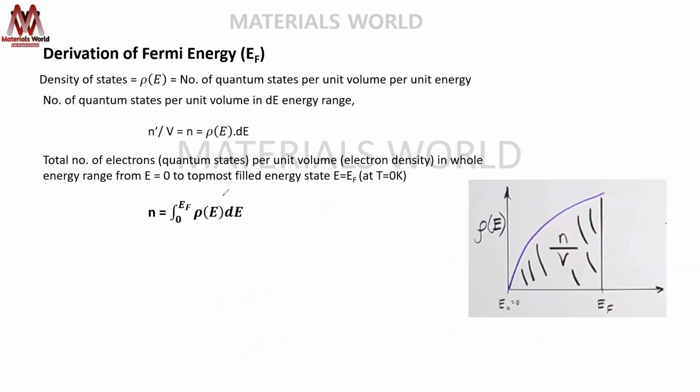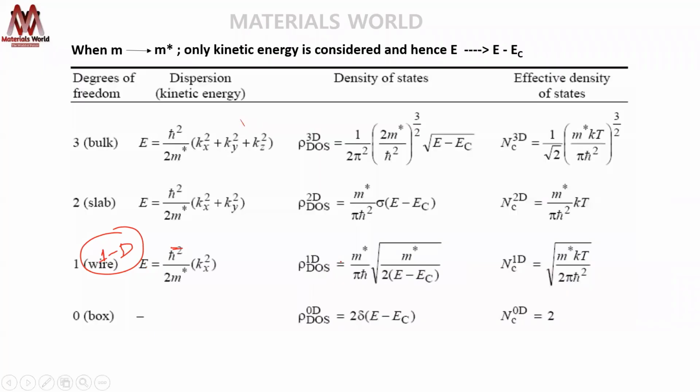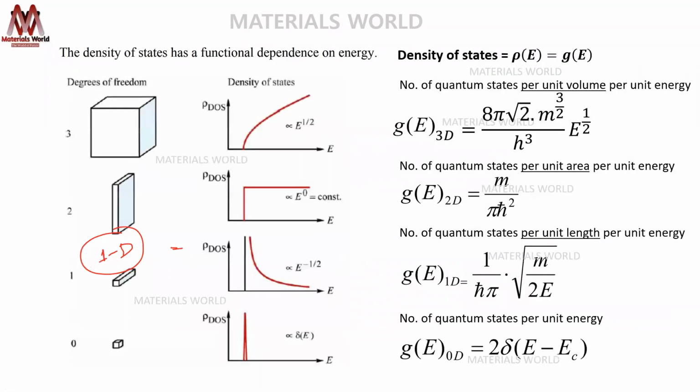Now for 1D, that is the question asked in this year's GATE. For 1D, what is rho of E? It is 1 by h cross pi root m by 2E.